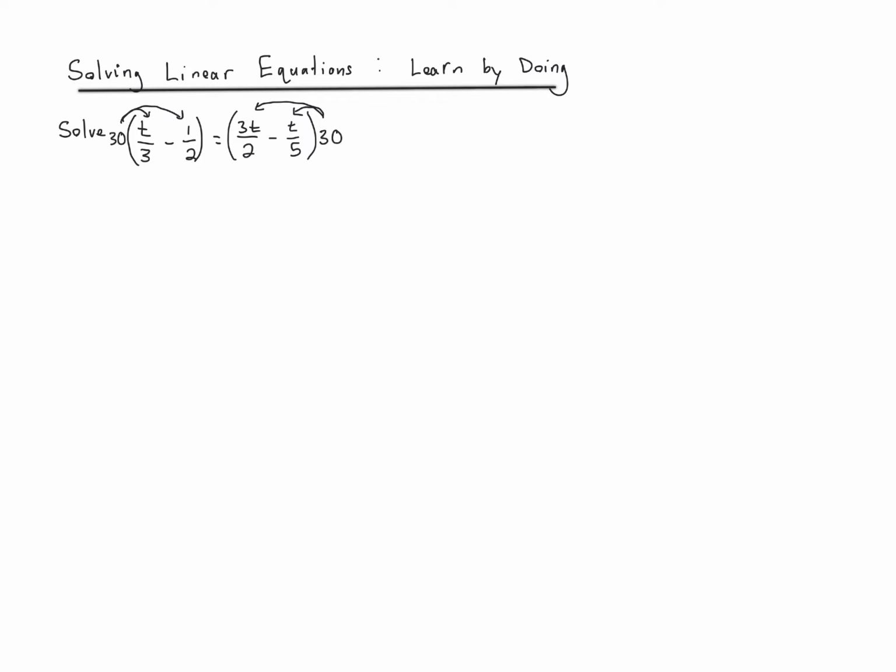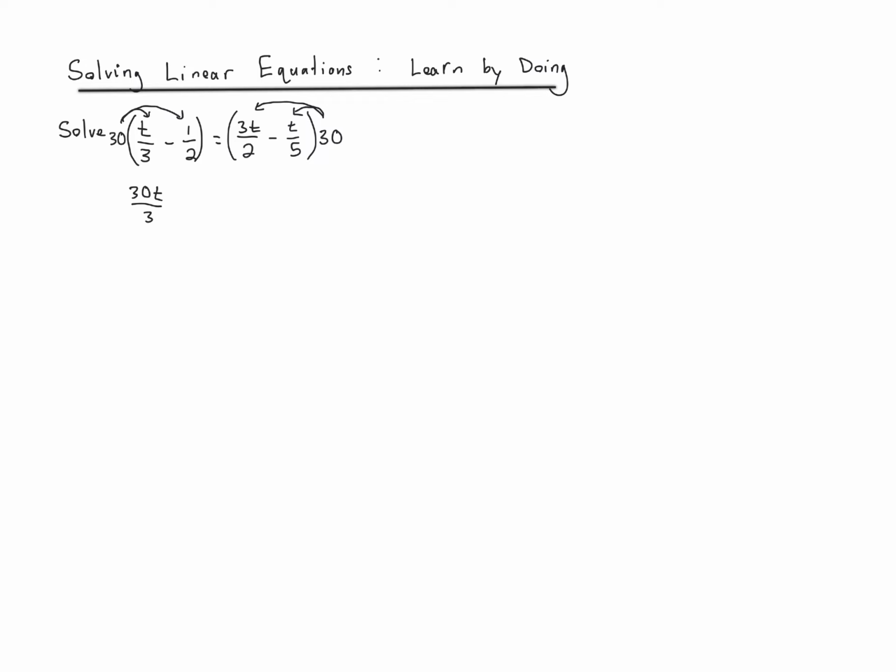All of these methods work. In my experience, when we use cancellation, sometimes students tend to make more mistakes. So what I'm going to do is first multiply the 30 into the numerator of each term, and then we're going to divide by the denominator. So here, 30 times t is 30t, and we're going to have to divide that by 3.